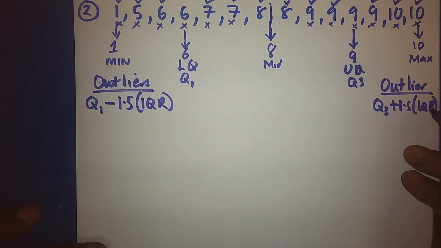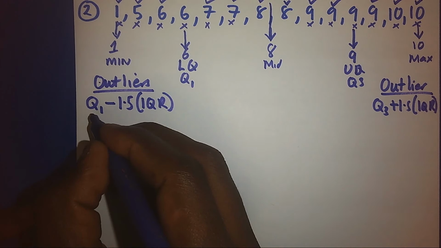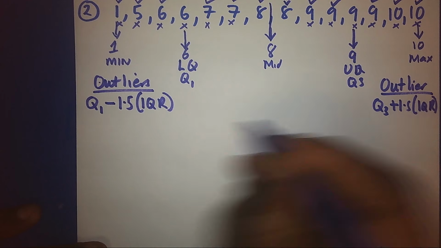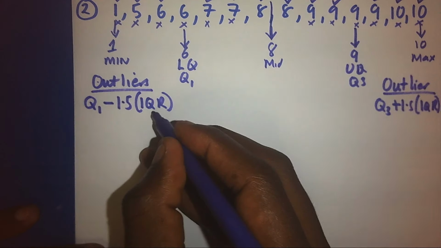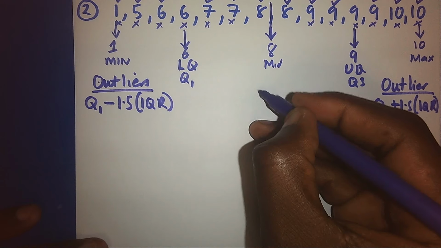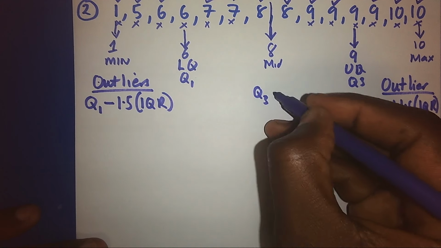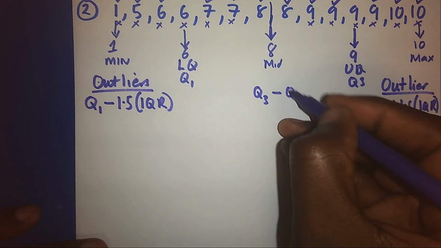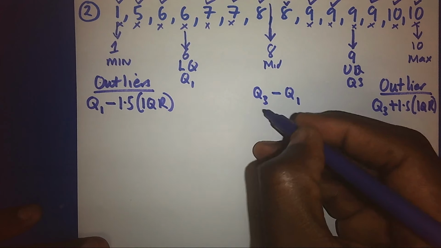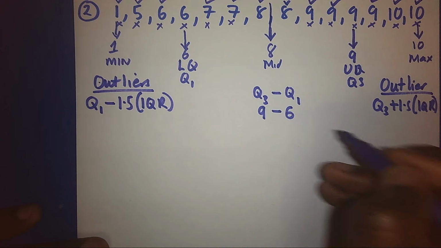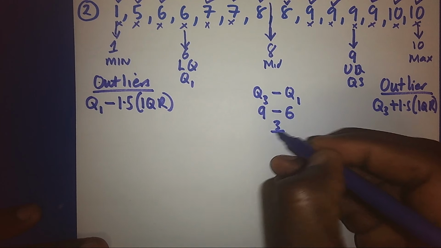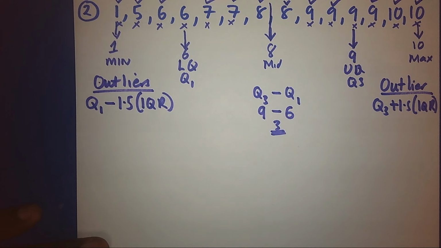I have Q1 and Q3, but I do not have the interquartile range. To get it, I take my upper quartile minus my lower quartile, which is 9 minus 6, and I get an interquartile range of 3.